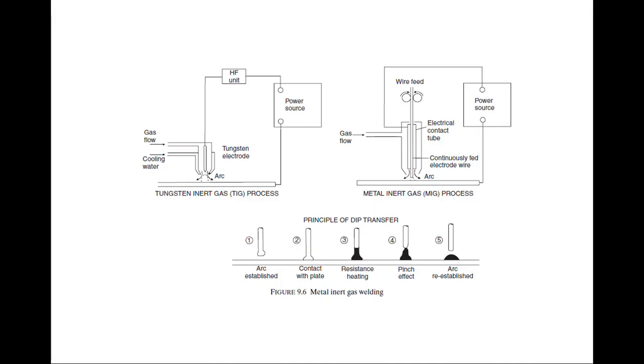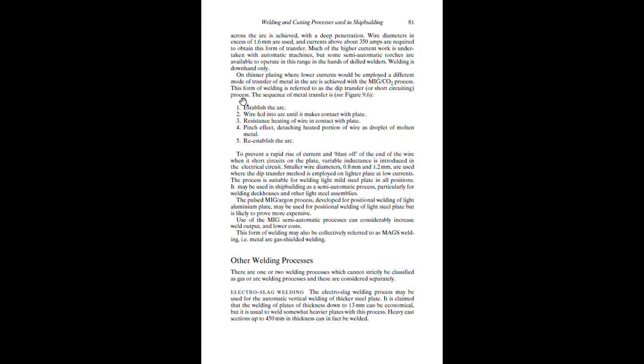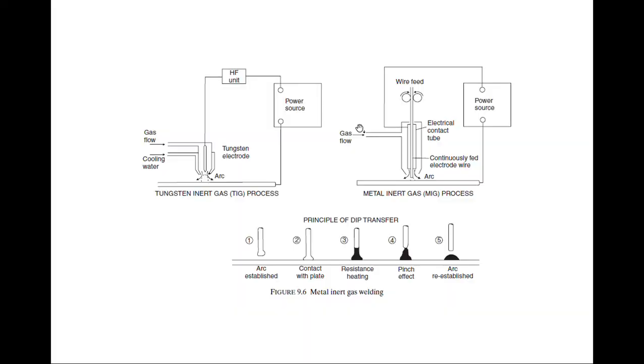Establish the arc. What we do is we establish the arc first in the first position, and then we wire feed into the arc until it makes contact with the plate. Now it has made contact with the plate.